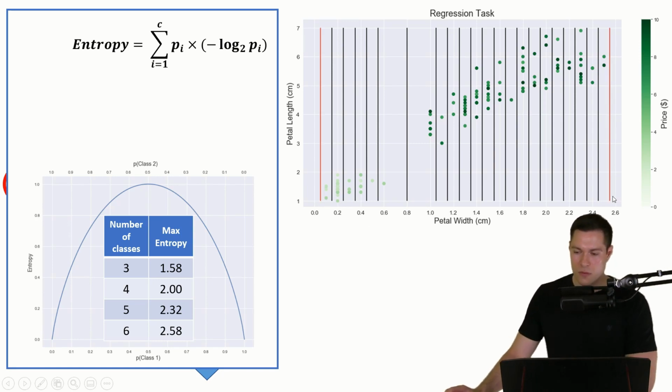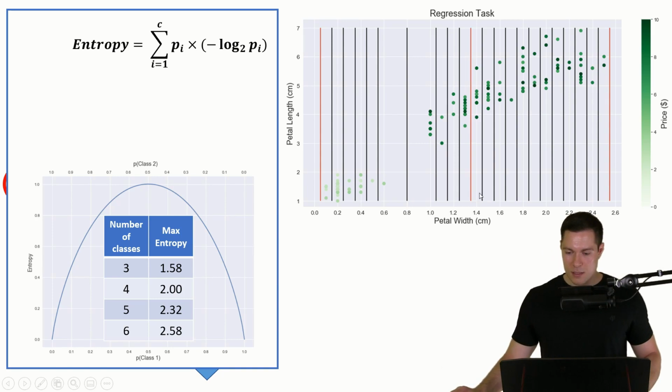In terms of best splitting the data, those splits don't really make any sense, but they will help us understand how the entropy behaves for different splits. And then we're going to look at one more edge case, and this is going to be this split here. What's special about this one is that it cuts our data in half. So for this split, there's an equal number of dots on each side.